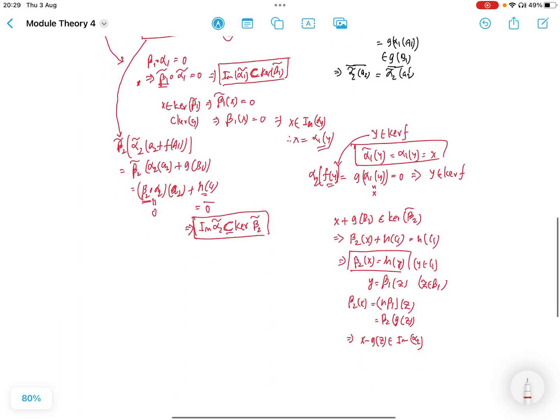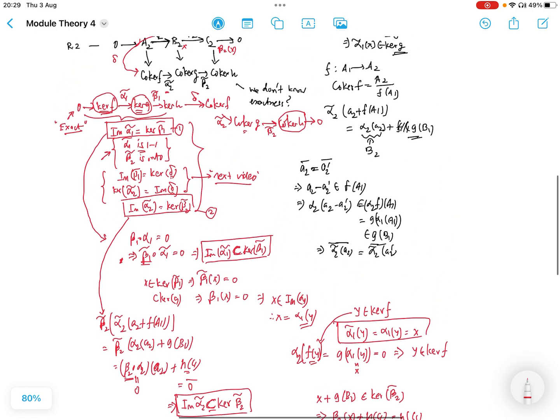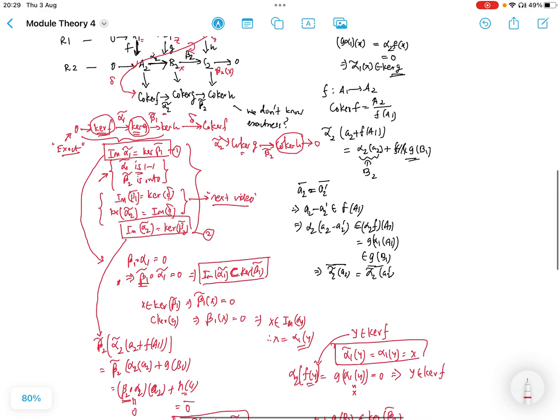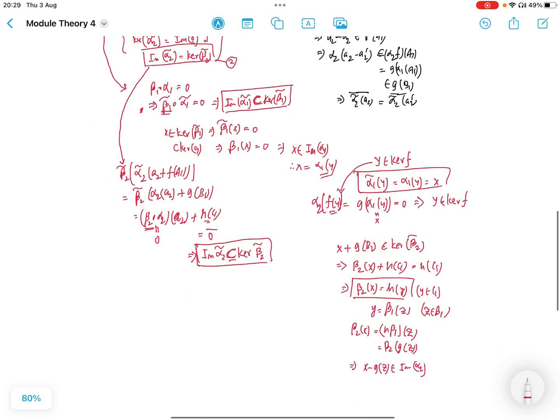So we can lift this to some element in the domain of alpha 2, that is A2. So we consider this element, x minus G of z, and that can be lifted to some element A2. And that is what we needed, actually.